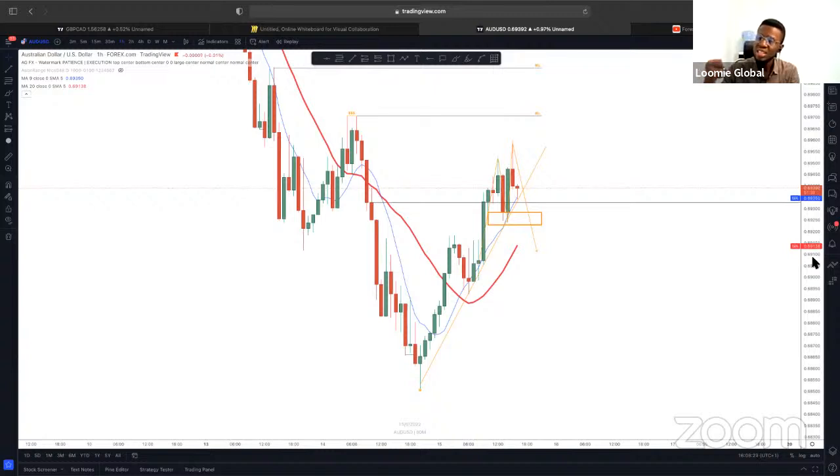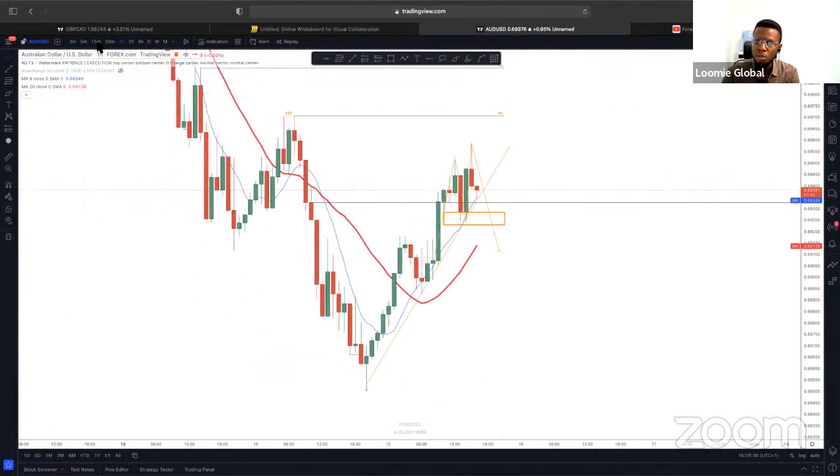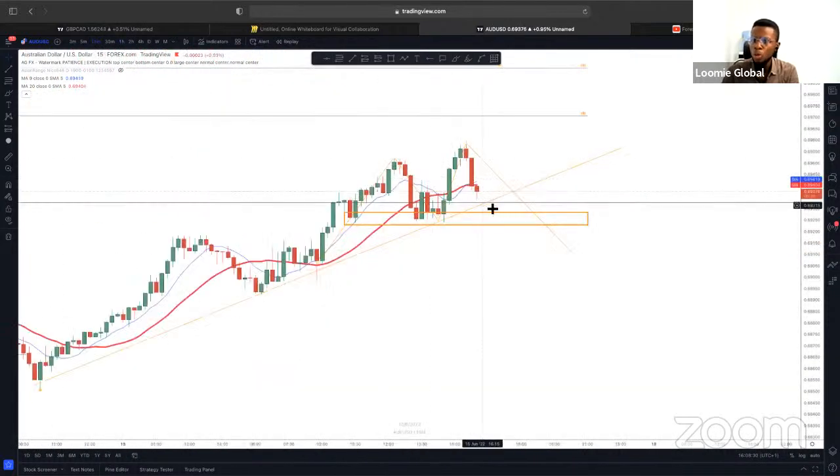Our analysis is a lot more correct or highly probable when we are paying attention to higher time frame analysis. Now, if we were to be fixated on the 15-minute time frame, we'd be expecting to take this sell for a long sell, right? But possibly price will only sell to this area we have marked, which is the neckline of that M pattern, which is acting as a support, and then begin to buy again.